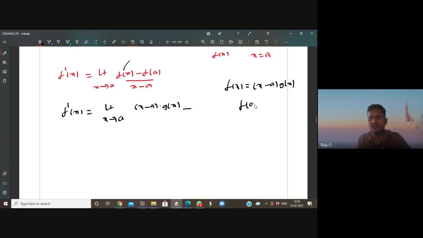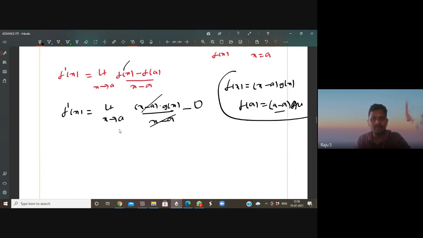What is the f of a value here from the given function? a minus a into g of a. a minus a is 0, so the second term is 0 by x minus a. x minus a gets cancelled. The limit as x tends to a of g of x is equal to what? Shall I write g of a? Substitute a in place of x, g of a. So f dash of x is equal to g of a.